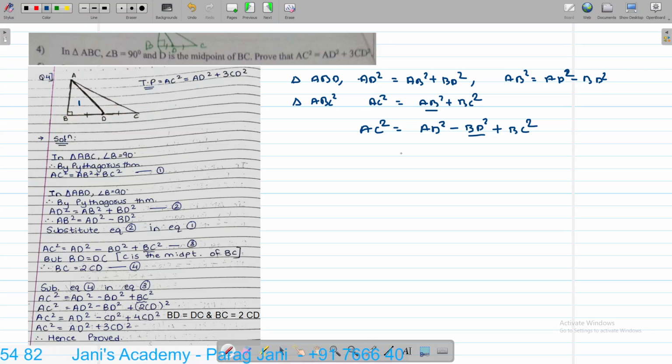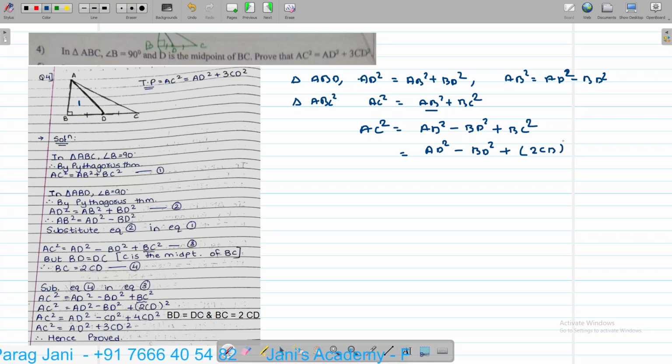So now instead of BD we will consider BC. Okay, so now AD square minus BD square plus, instead of BC I can write 2 times CD whole square. Okay, you can write here because D is a midpoint of BC, so you can write like this.